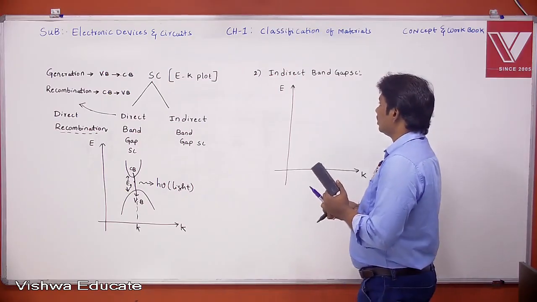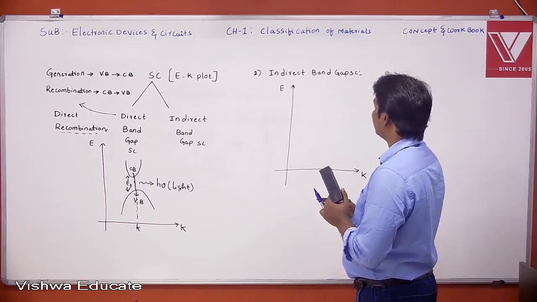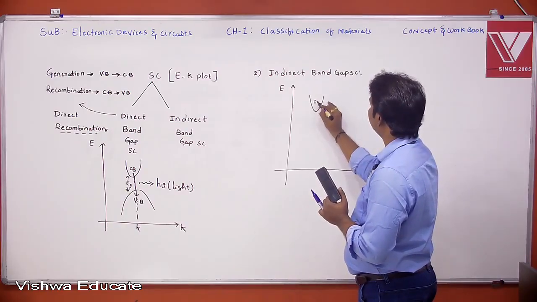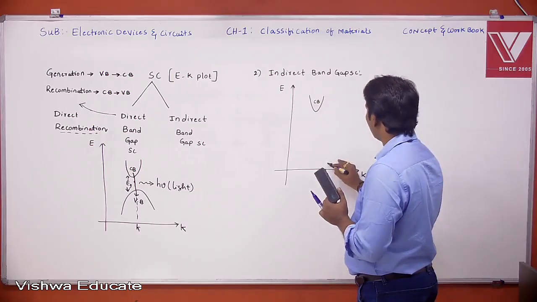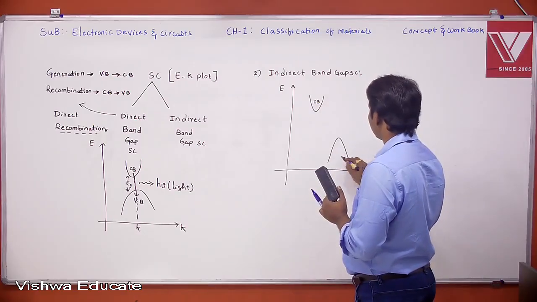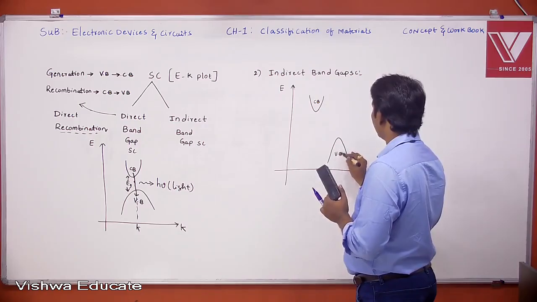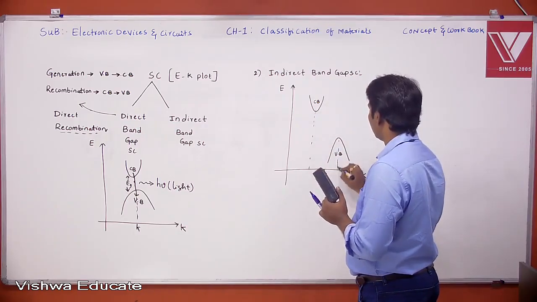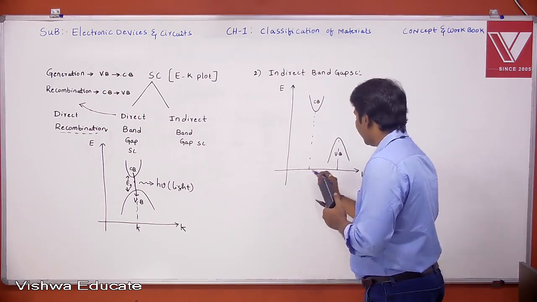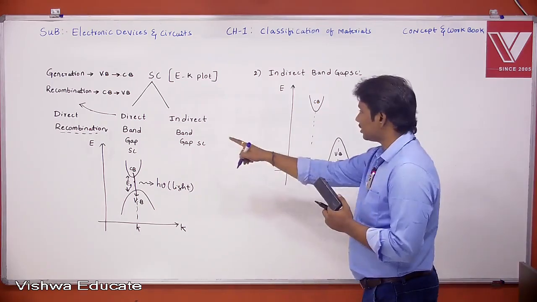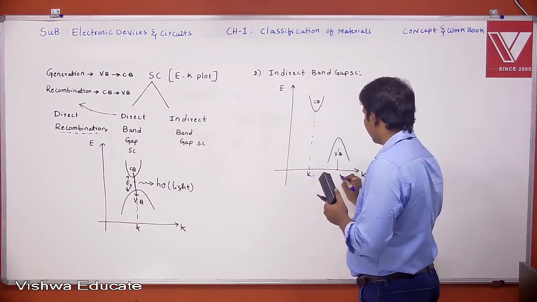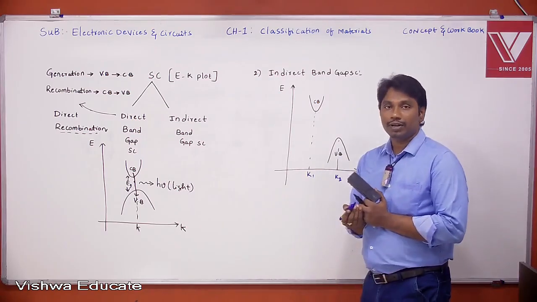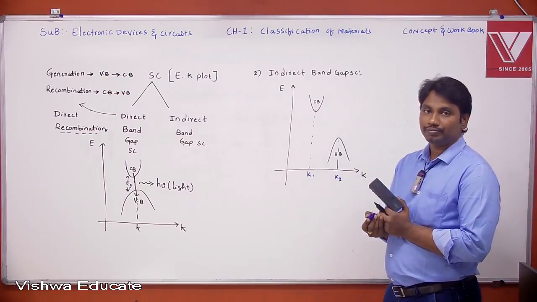So now, see first, what is the indirect band gap semiconductor? The semiconductor in which the conduction band is minimum and the valency band is maximum at different momentums. Here in case of direct, same momentum, but here it is different momentums. Such a semiconductor is called what actually? Indirect band gap semiconductor. Okay.